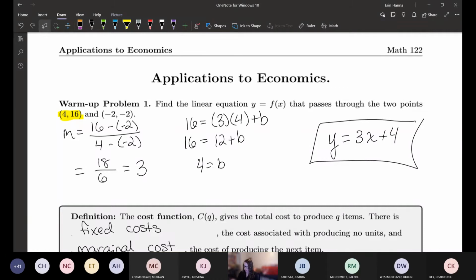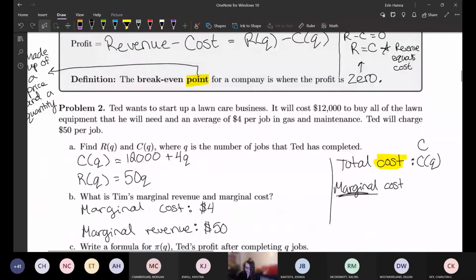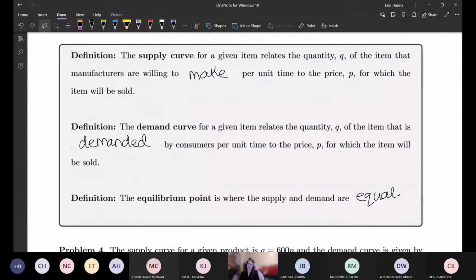So last time we talked about cost, revenue, and profit functions, and then we started to talk about our supply and demand. So remember, supply and demand are essentially the amount that the manufacturers are willing to give you and the amount that consumers are going to buy, depending on which one you're talking about. Also, supply and demand curves always relate price and quantity.